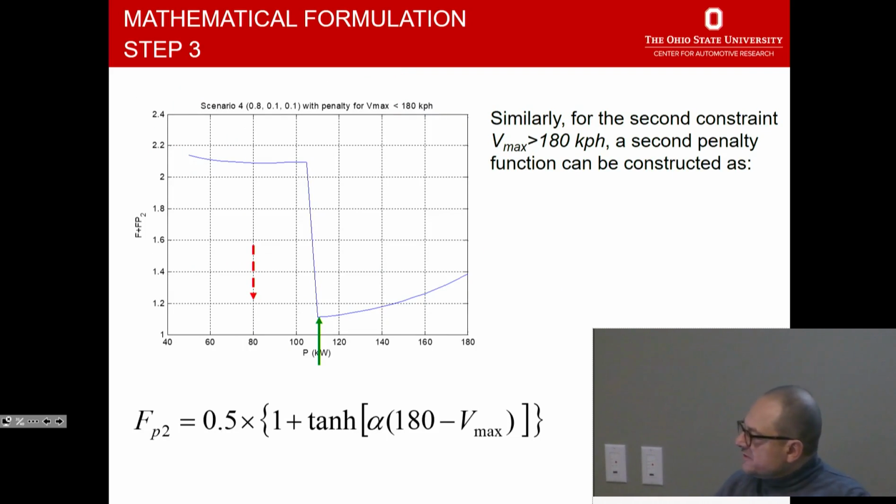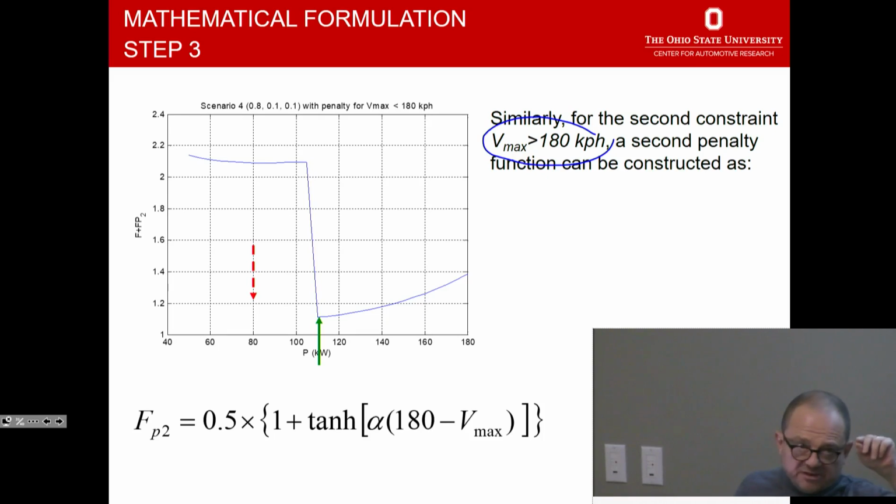I could do something similar for the second constraint, and I could also say, look, again, if my Vmax deviates significantly from 180 kilometers per hour, so now I can do another hyperbolic tangent in which my inflection point is at 180 kilometers per hour, and now I put two constraints on my optimization.